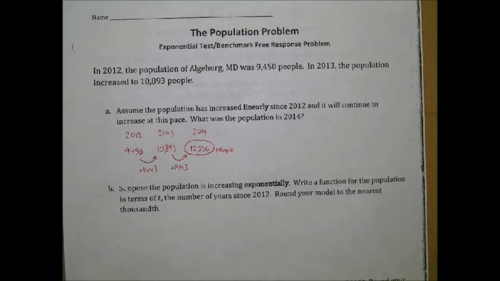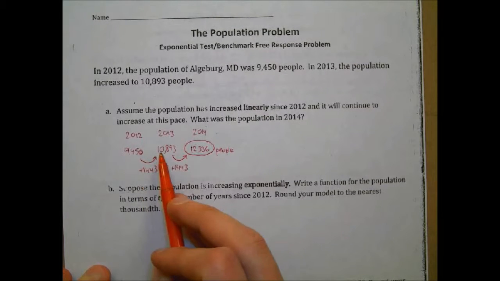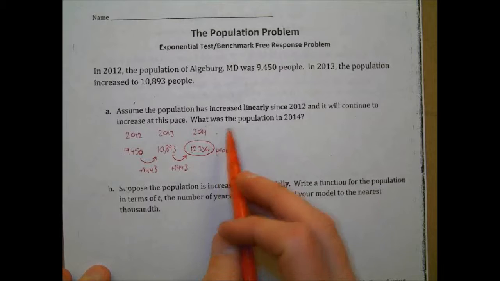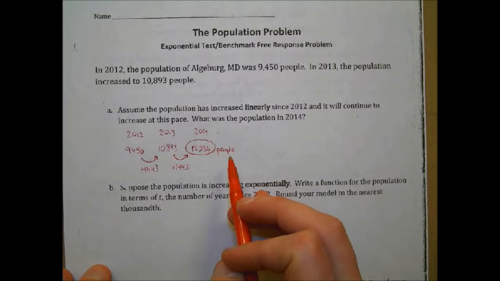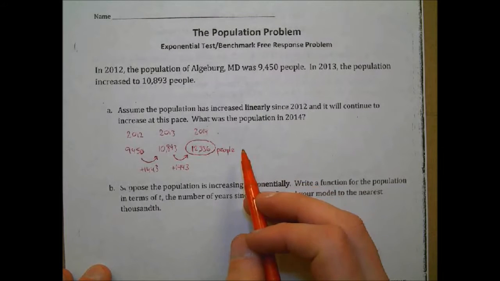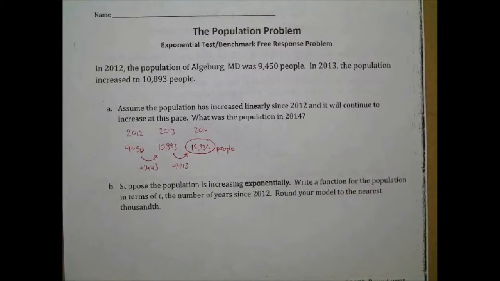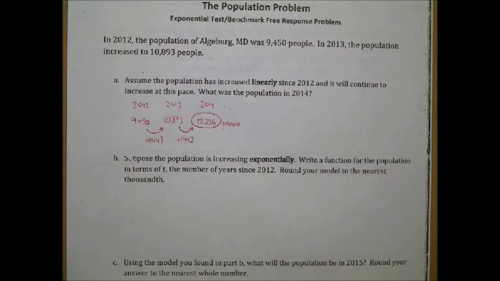So we just figured out the difference and kept adding. If I wanted 2015, I'd add another 1,443, and for 2016, another 1,443, and just keep going. That's one option.